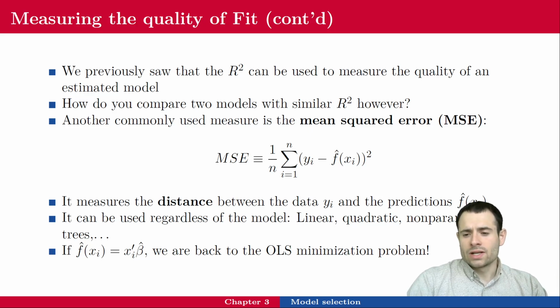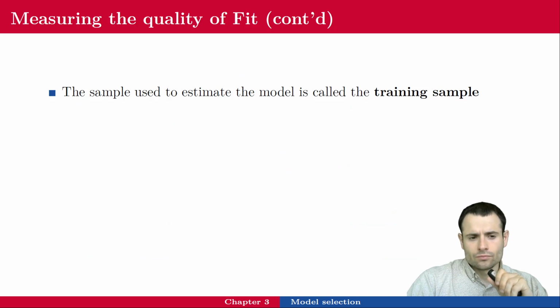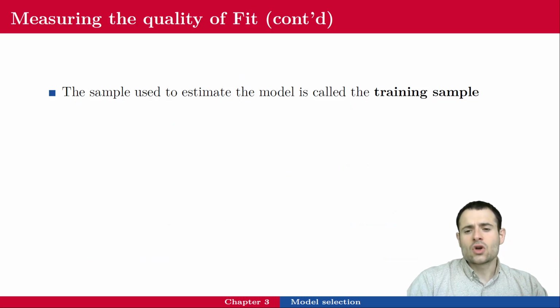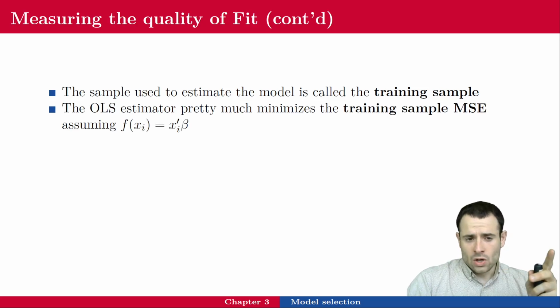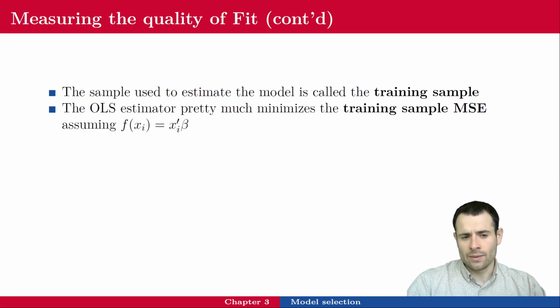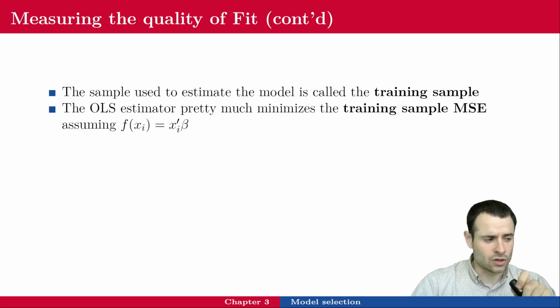The population equivalent of this measure would be an expectation, the expectation between a variable y and its estimator, its predictor. The sample used to estimate the model is called the training sample. The OLS estimator pretty much minimizes the training sample MSE, or the in-sample MSE, where we assume a specific form for the regression function.